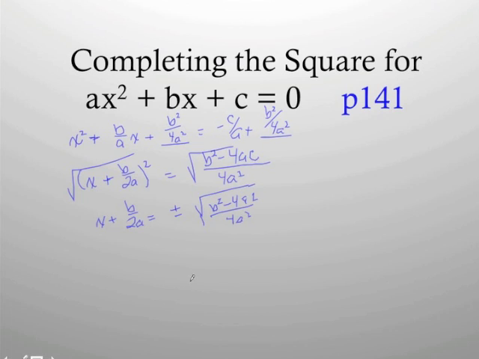Well, the 4a squared is a perfect square, so we can just take that out as 2a, and we'll have plus or minus the square root of b squared minus 4ac, and we need to move the b over 2a to get x equals, it'll become negative b over 2a, and combining that into one fraction, we have x equals negative b plus or minus the square root of b squared minus 4ac all over 2a.